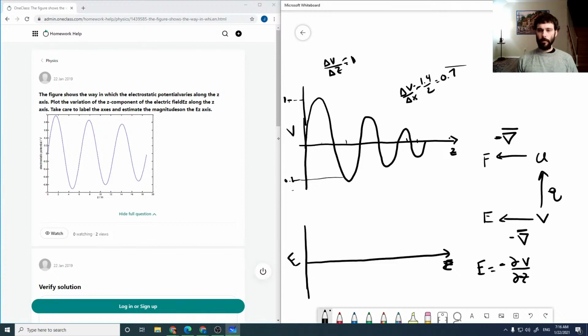So I would assume my E field is definitely going to decline the same way as my potential is declining, but we just need to identify some pieces here so we can sketch it out.